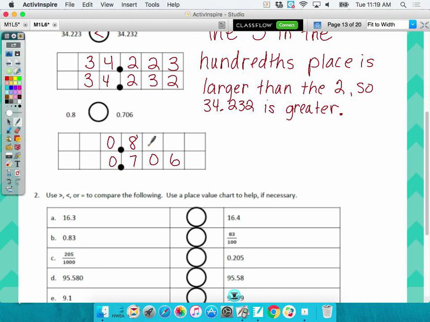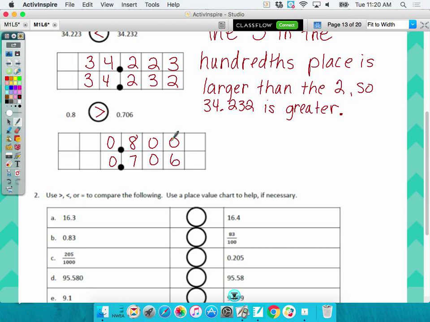But we're going to do what we did yesterday. Compare. Which number's larger here? 8. So that means 8/10 is larger than 706 thousandths. Now, what if I filled in with zeros? Because we talked about that yesterday also. Is 800 larger than 706 thousandths? Yeah, so it makes perfect sense.